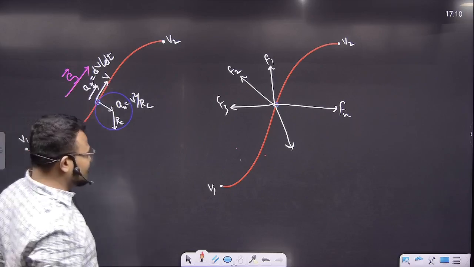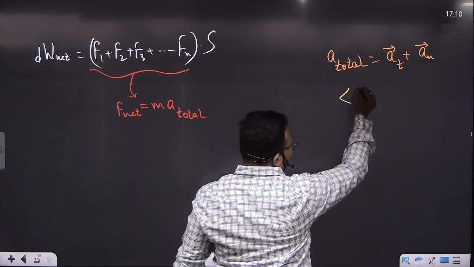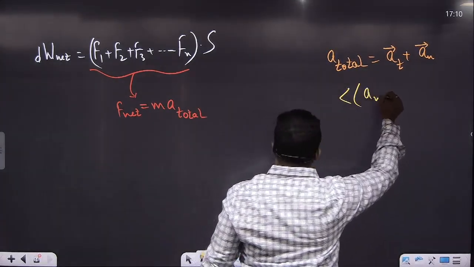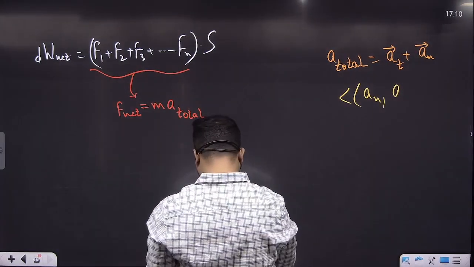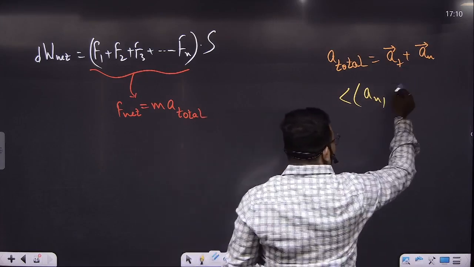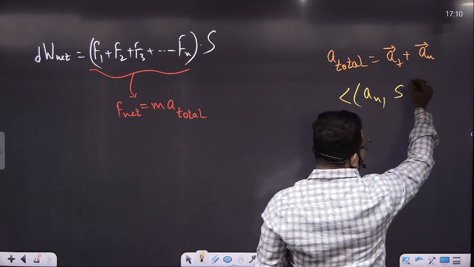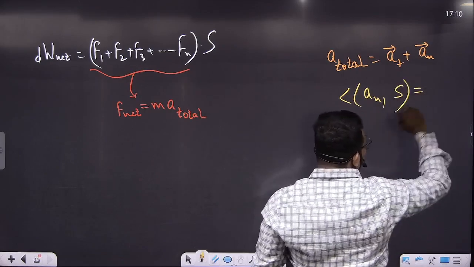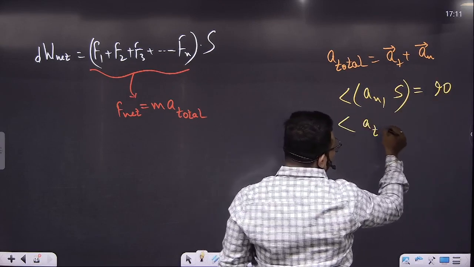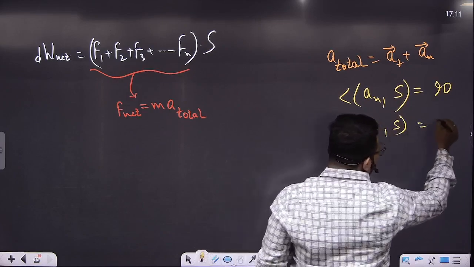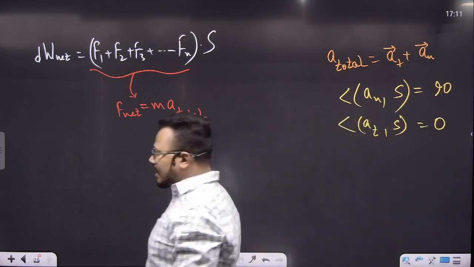So we can write it here like this: AN and S is having angle 90, and AT and S is having angle 0, right? Getting my point?